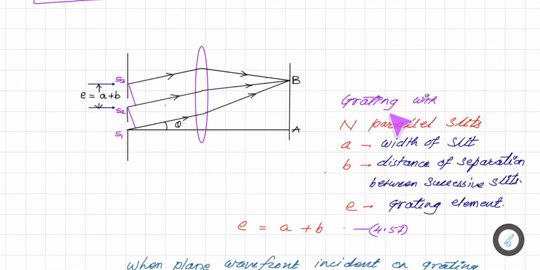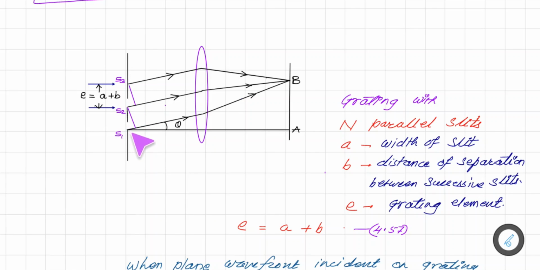Now to understand diffraction due to transmission grating, we are considering a grating element. As shown in the figure, here is a slit through which light can pass if it is a transmission grating. Similarly there is another slit.